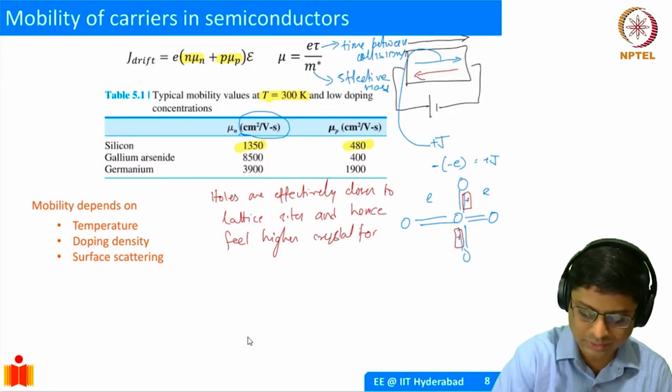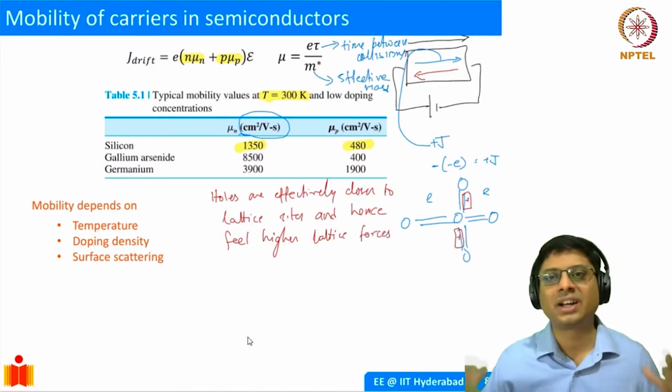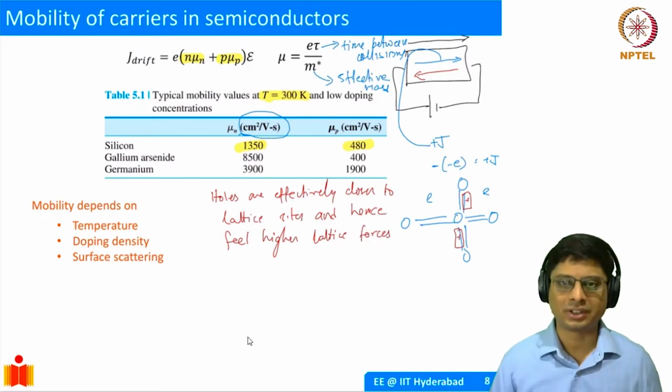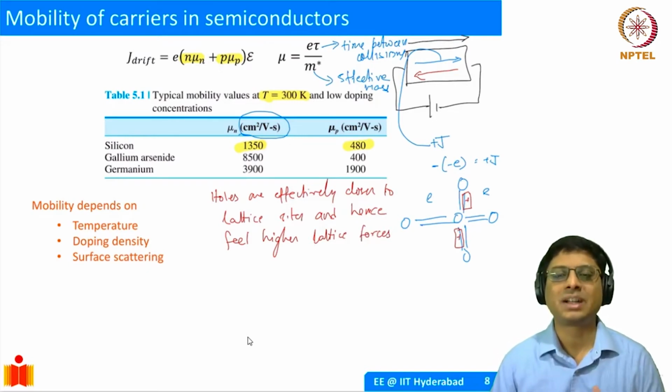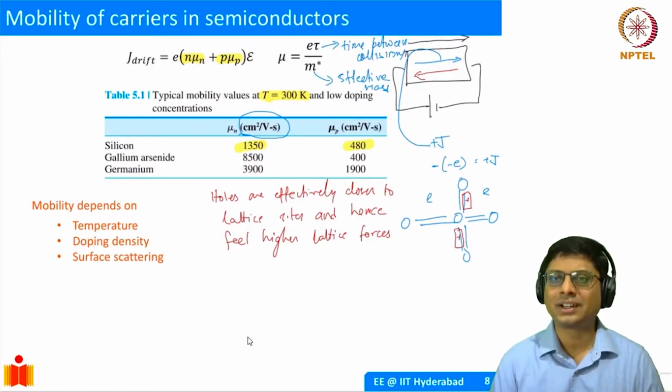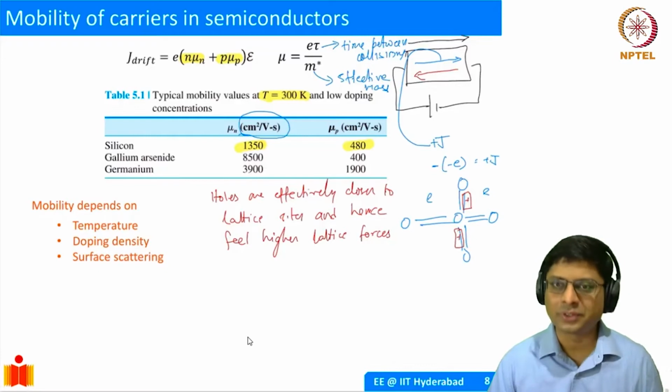Let's call it lattice forces because they are close to lattice sites. And because they feel this higher amount of force, the impact of the external field is going to be smaller. And after all, the mobility is essentially capturing the impact of the external field. So because of that, you could qualitatively understand that the mobility of holes is going to be small.